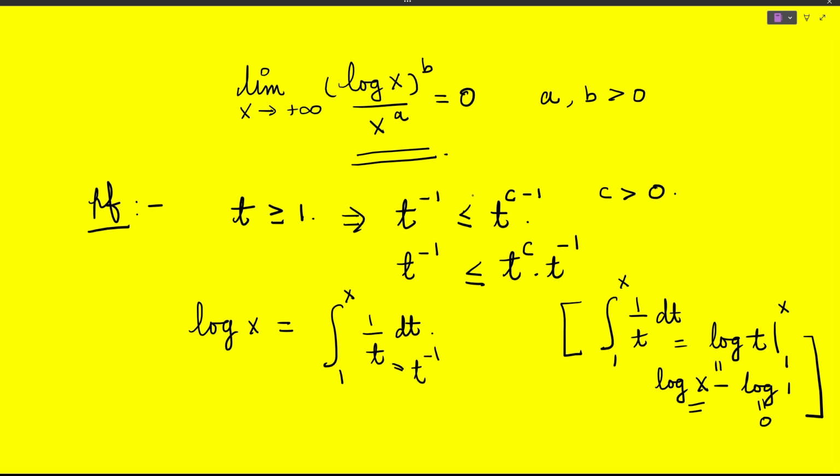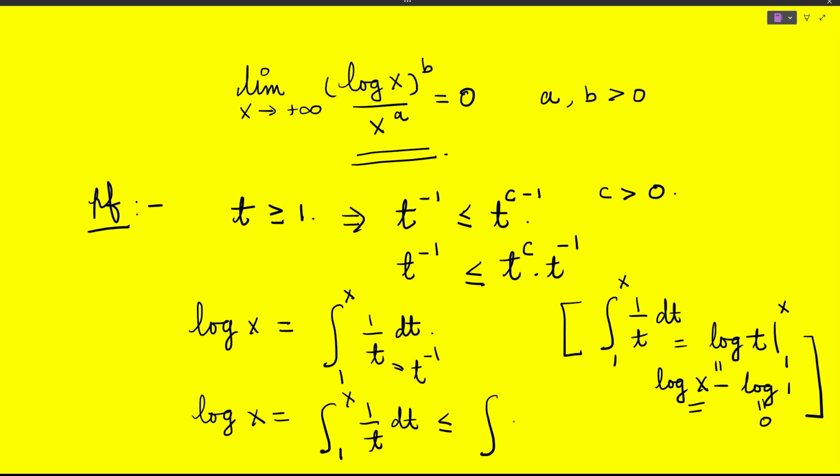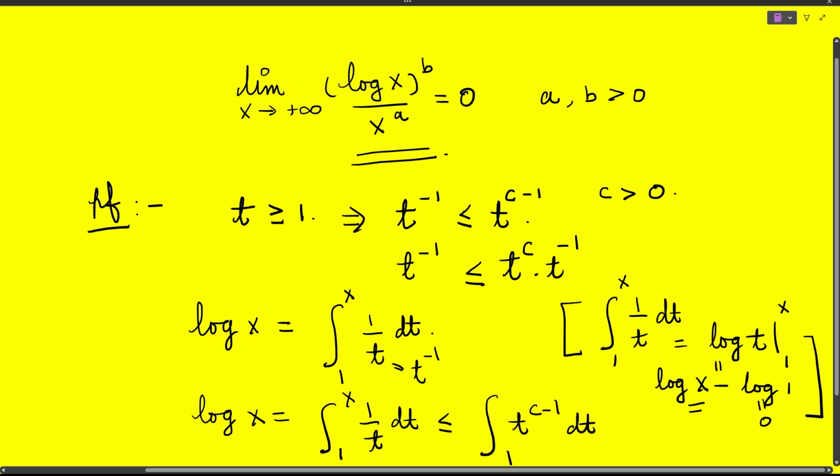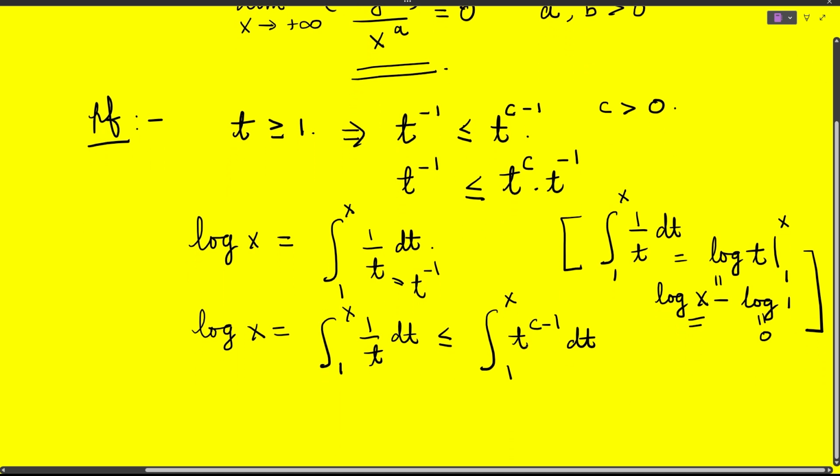When you have this kind of inequality, I can make an estimate for log x. Log x, which is the integral from 1 to x of 1/t dt, is less than or equal to the integral from 1 to x of t^(c-1) dt. I'm using this particular inequality to make this estimate. Let's expand the right hand side.